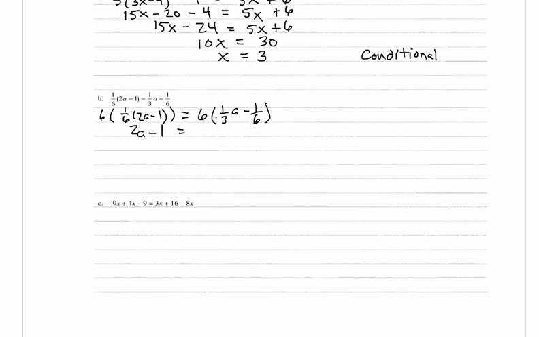And now 6 times 1/3 a is equal to 2a, and 6 times negative 1/6 is equal to negative 1. So I have 2a minus 1 is equal to 2a minus 1, and this is an identity.